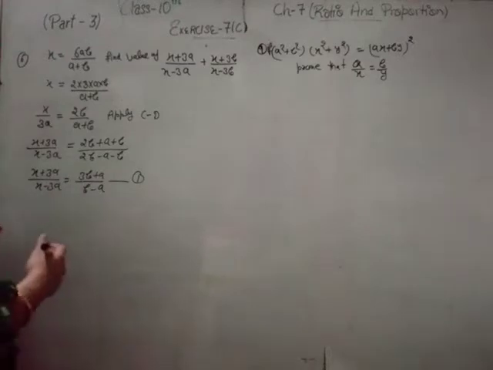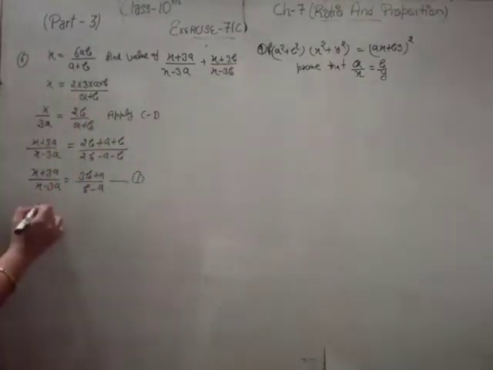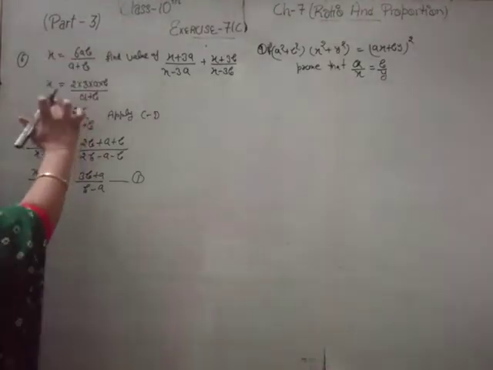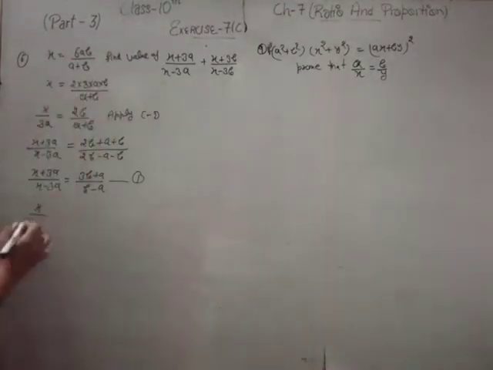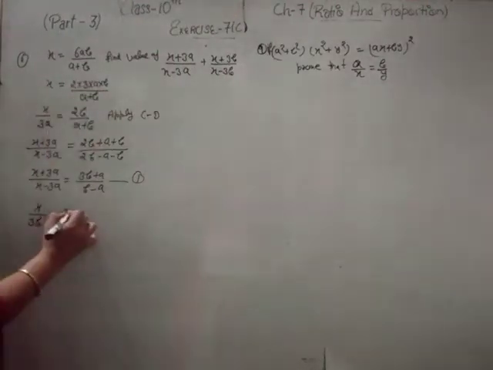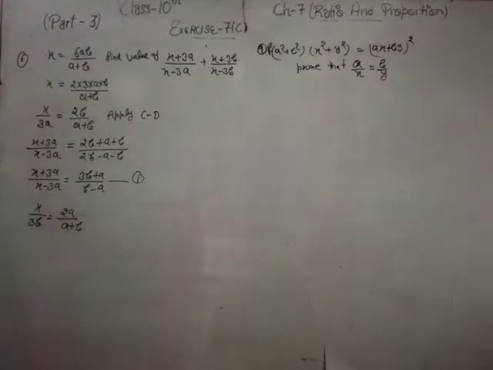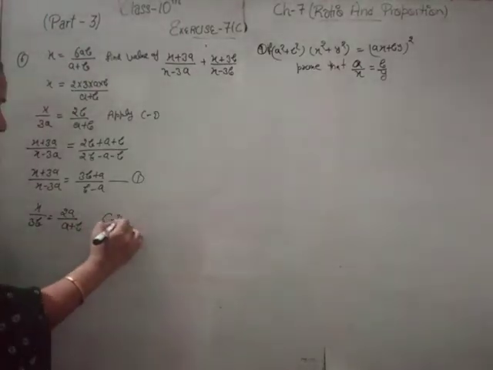Okay, again I will take according to this 3b, then we write from this x by 3b, divided, then there is only 2a divided by a plus b. Again apply componendo and dividendo, CD.